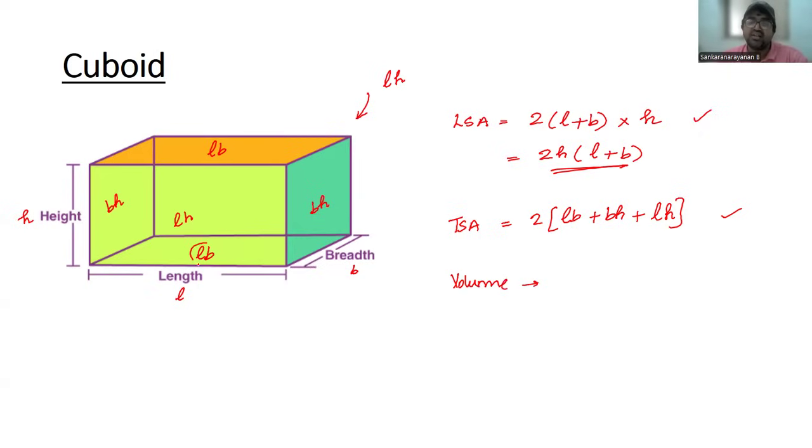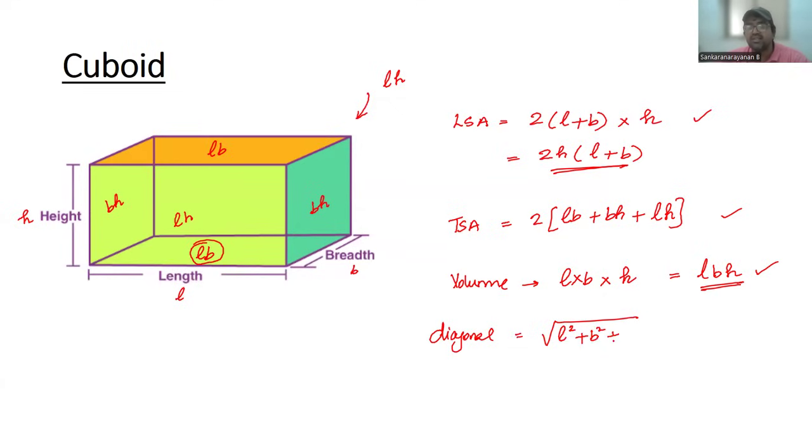The base area is L into B. I have to multiply this with the height H. That is the volume we have learned in school, L into B into H, length into breadth into height. And if you want to calculate the length of the longest diagonal, its measurement will be root of L square plus B square plus H square. That's for the diagonal. Make a note of this.